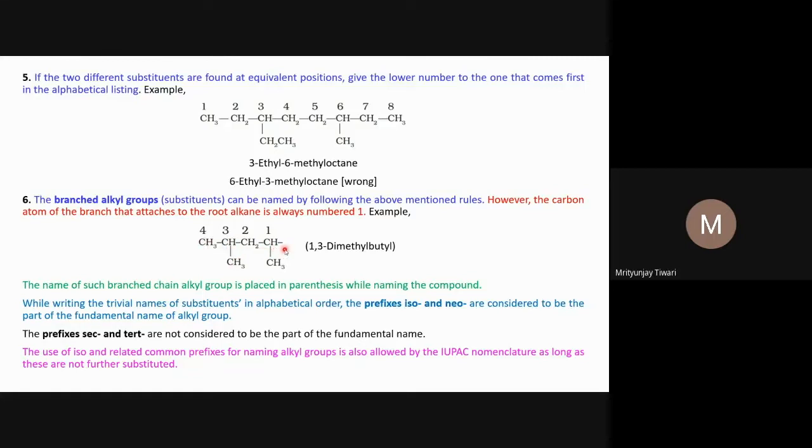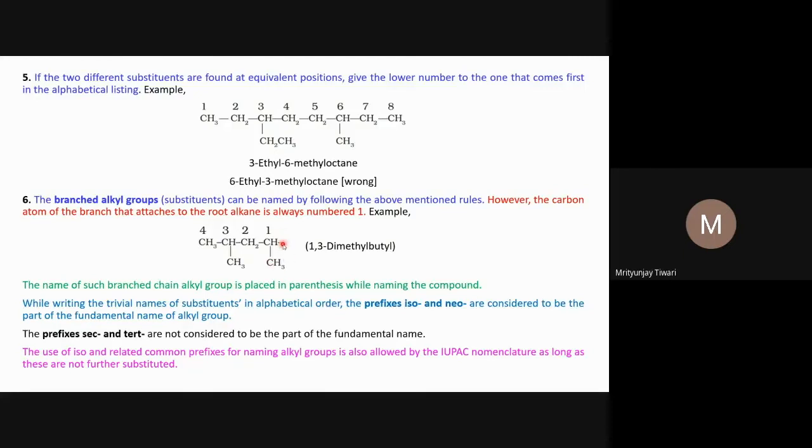But we see here that because of the branching at the first position, there is also a branch. Usually in an organic compound, for the parent chain, we do not see branching at the first position. If you see branching at the first position for the parent chain, it means you have chosen the wrong parent chain. This should have been part of the longest continuous chain.